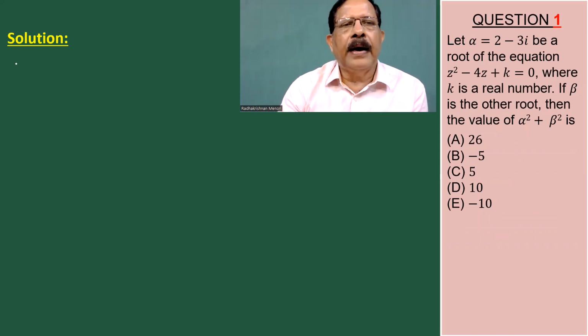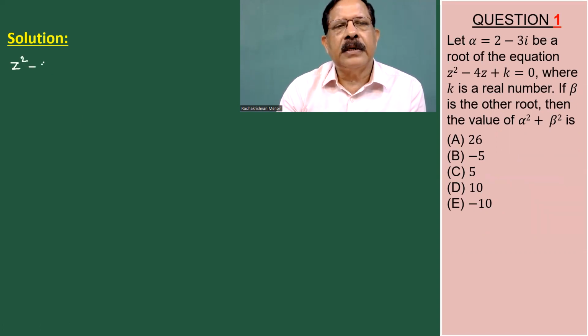A quadratic equation is given, z squared minus 4z plus k equal to 0. K is a real number. One root is given, alpha is equal to 2 minus 3i.